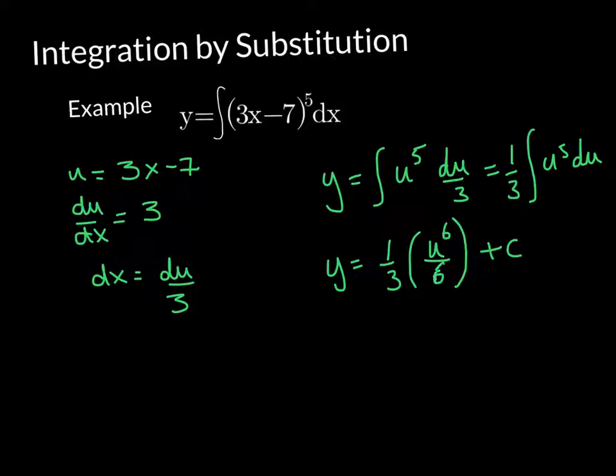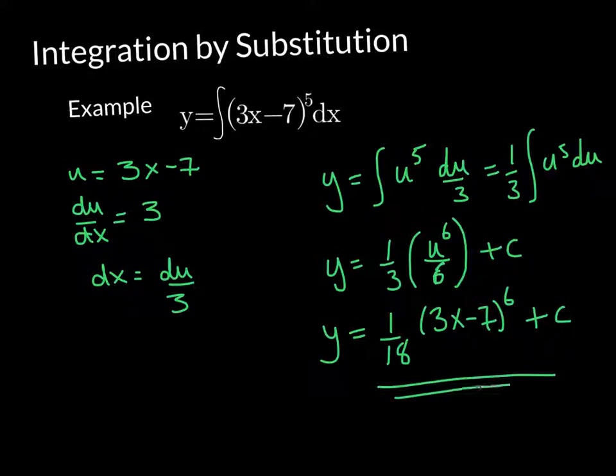You then have essentially 3 times 6 on the bottom line of the fraction here, so that becomes 1 over 18. And in place of u, you have to substitute back in the expression for u, which is 3x minus 7. That's now to the power of 6. And you have your constant of integration. So y is equal to 1 over 18 times 3x minus 7 to the power of 6 plus c. So that's our final answer for that problem.